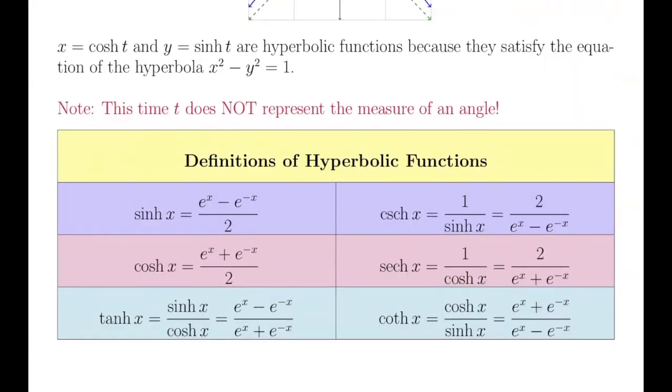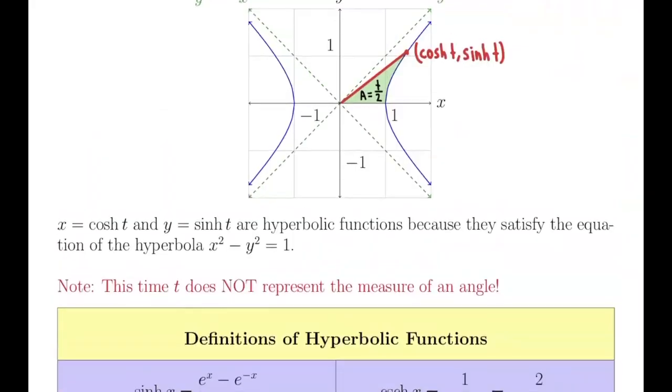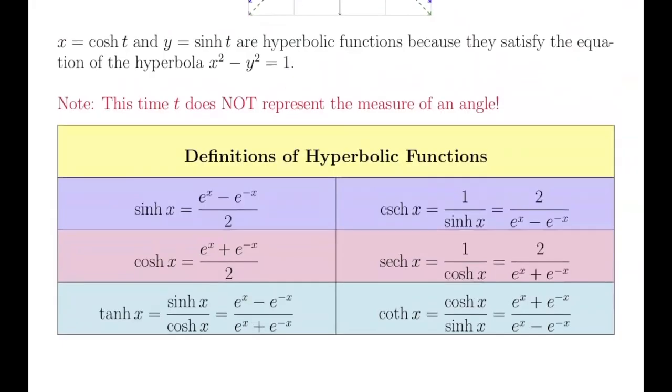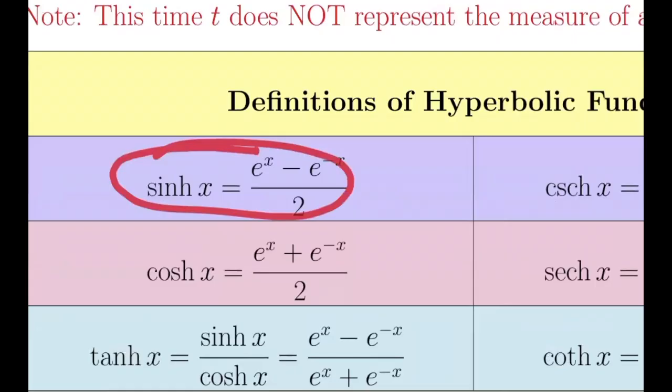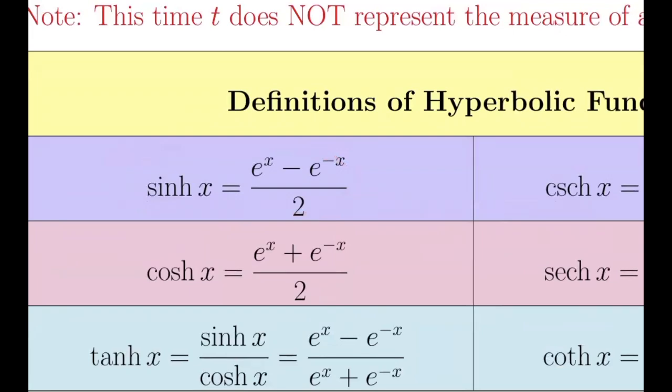I don't see any t's here. Yeah, now we have x instead of t because now we're looking at it from a function input-output perspective. So the input is x. Earlier, I just called it t. And again, it's not an angle in this case, it's just the input. So we have hyperbolic sine, pronounced sinh of x.